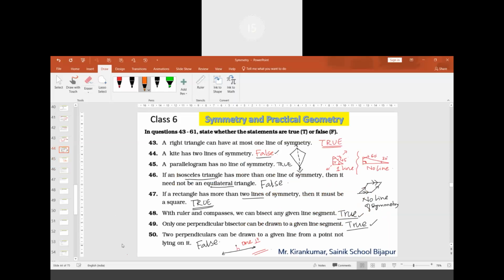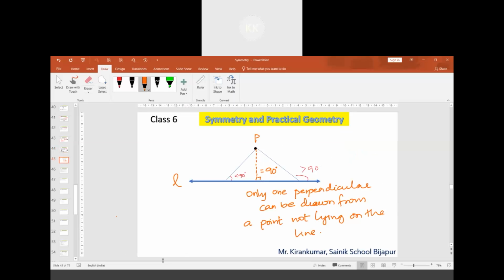The 49th question: only one perpendicular bisector can be drawn to a given line segment. Let me consider one more slide here.